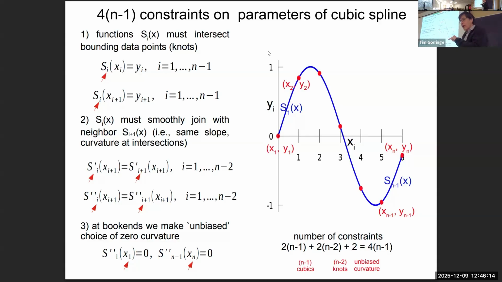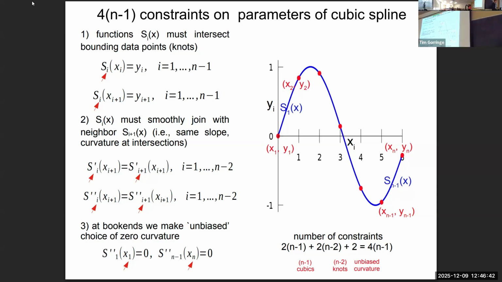The first constraint that we had mentioned is that a given cubic is going to pass through the point on the left of the region in which the cubic lives and the point on the right of the region in which the cubic lives. So for each cubic, there are 2 constraints based on intercepting the points at the ends of its region.